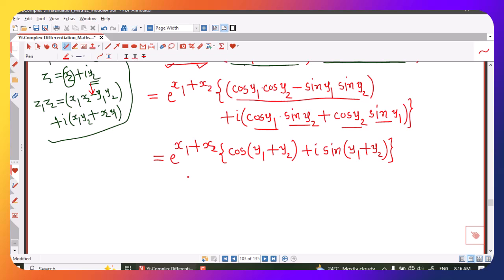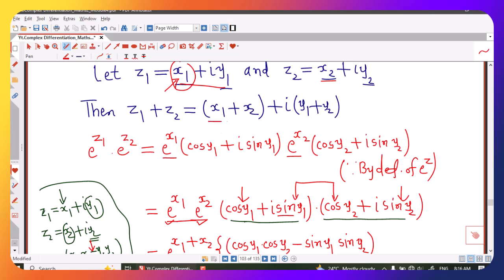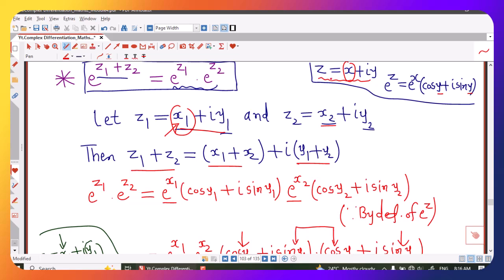Now if you observe carefully, this is nothing but e raised to z1 plus z2, because real part of z1 plus z2 is x1 plus x2 here, and imaginary part of z1 plus z2 is y1 plus y2. So using this definition, if we have z equal to x plus iy, e raised to z is e raised to real part of z, and here we use imaginary part of z.